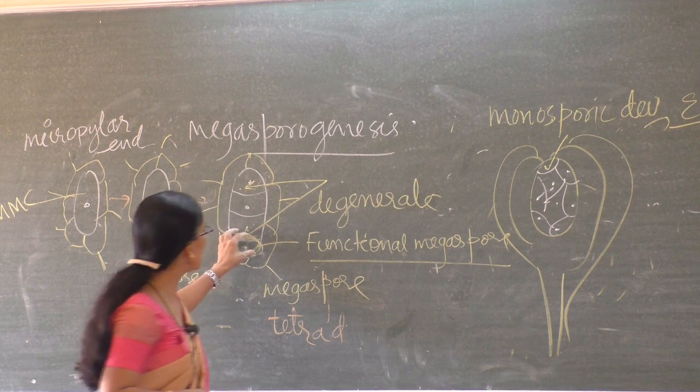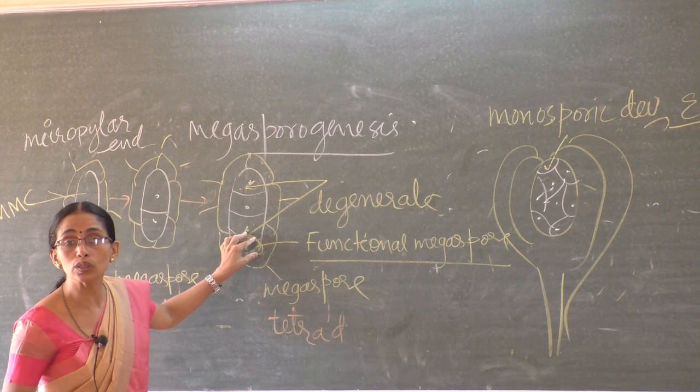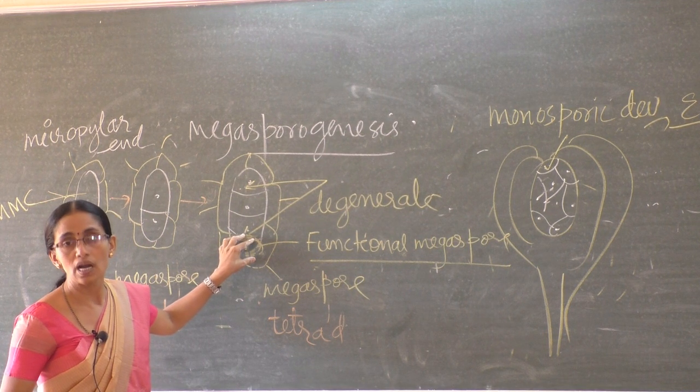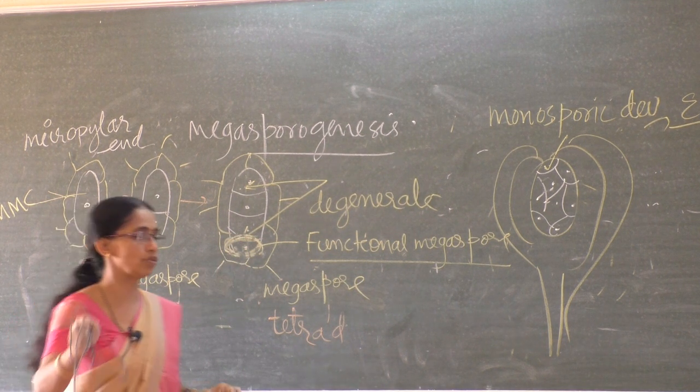Next, from this single cell, from the functional megaspore, how is the embryo sac produced?